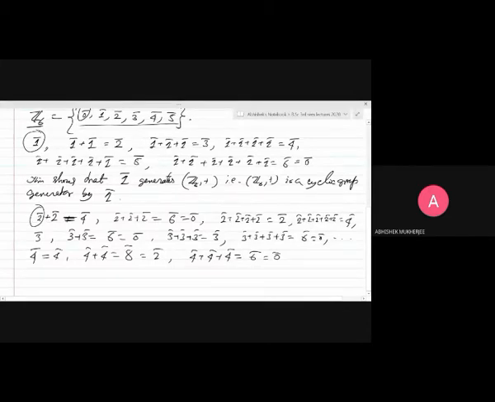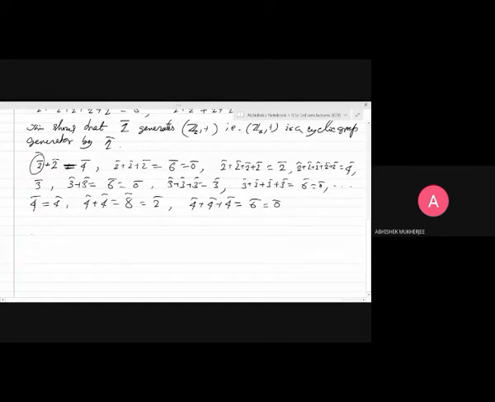Then adding 4 again gives 4, then 2, then 0. So it gives you only 0, 2, and 4 classes. So it doesn't generate Z6, so it is not a generator.